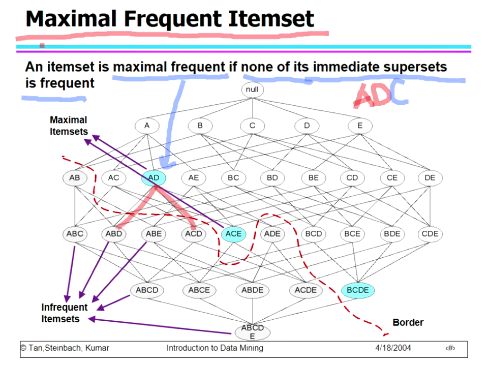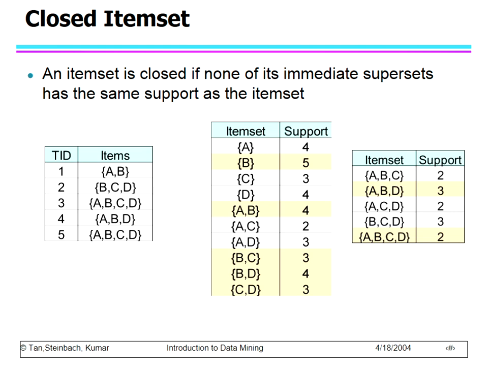Is it clear what maximal frequent means? Another example: this one also is maximal frequent, ACE. Why? Because the immediate supersets of ACE are infrequent. Any questions about maximal frequent? Is it clear?